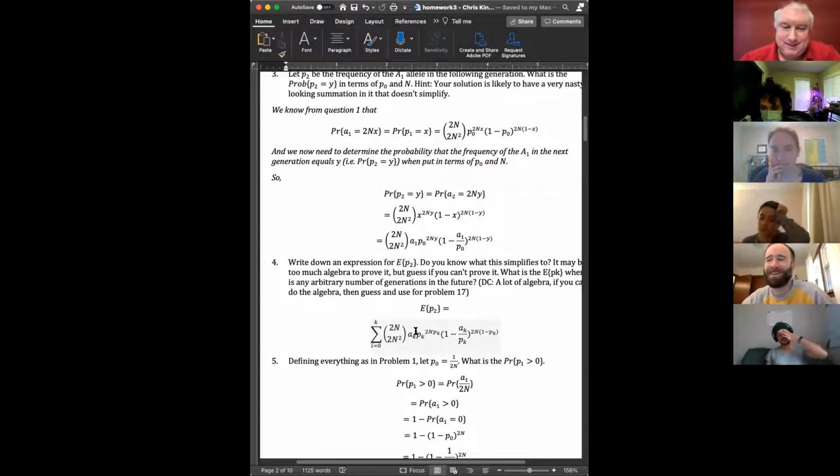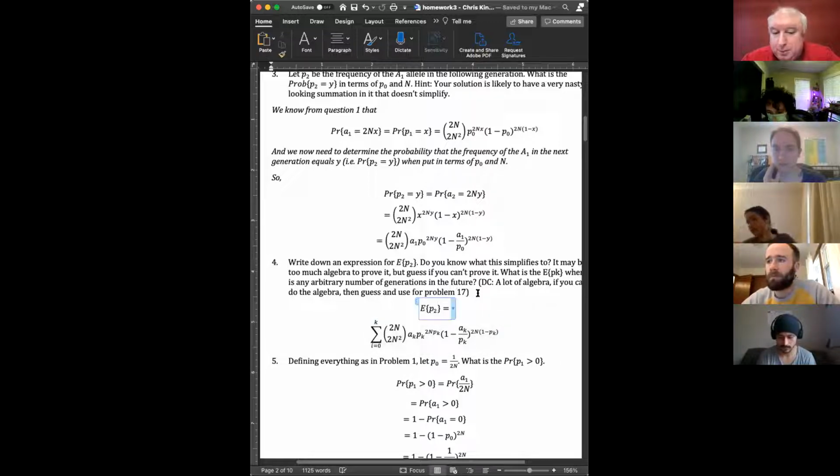That's as far as I got. No, this is great. So we have a value for the probability of P2 equaling Y that is not correct, but it is there. Let's pretend for the moment it were correct. And then we're going to try to find the expectation of P2, which should be this probability times the value of P2 summed over all possible values of P2.